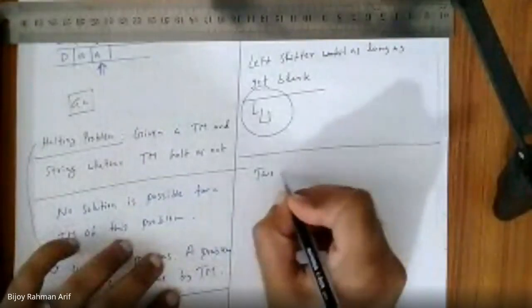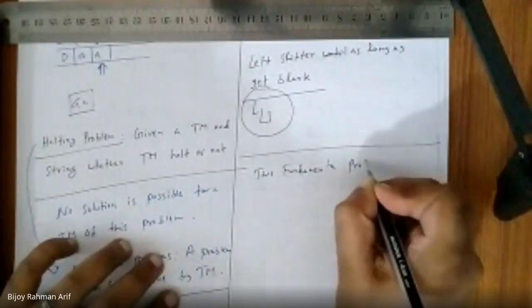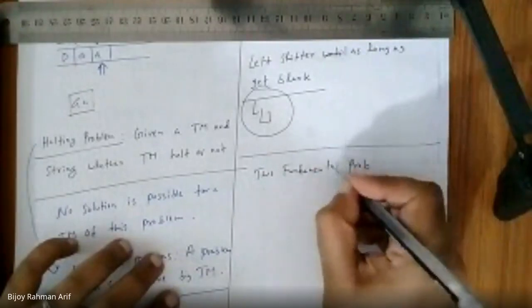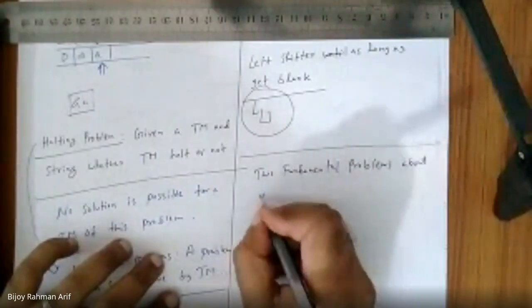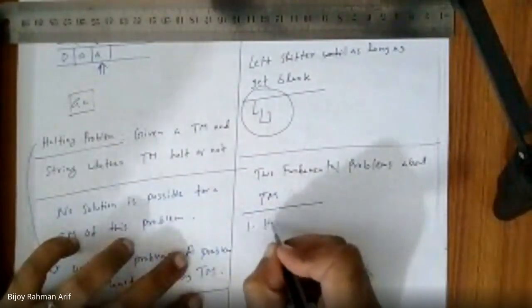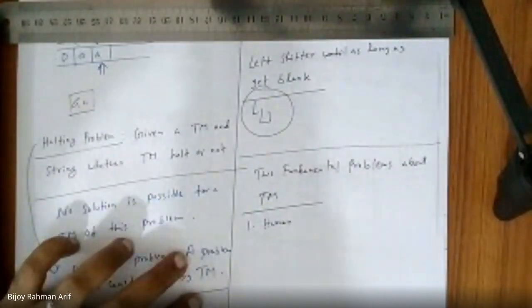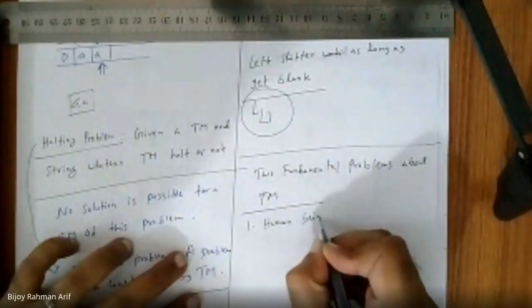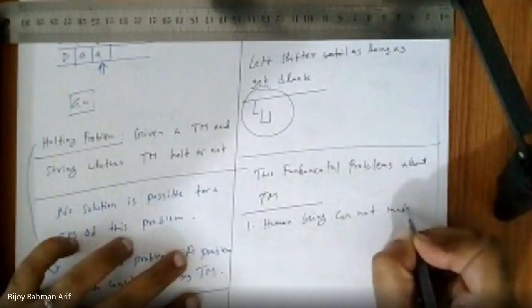Now see, two fundamental problems about TM. Number one: it is already believed by many computer scientists, and there is some sort of proof, that human beings cannot make a more efficient machine than a Turing machine.